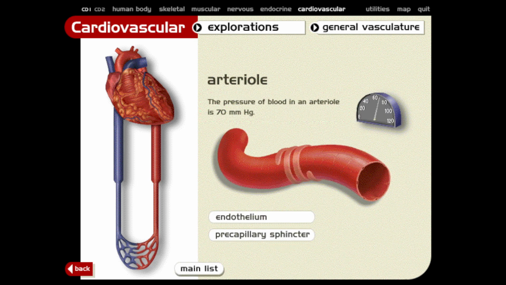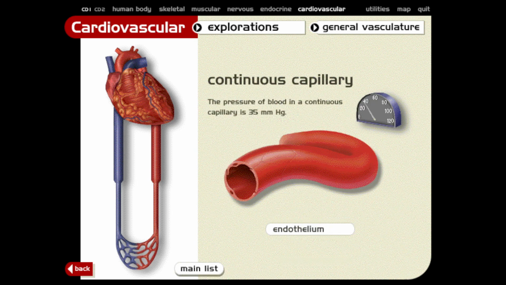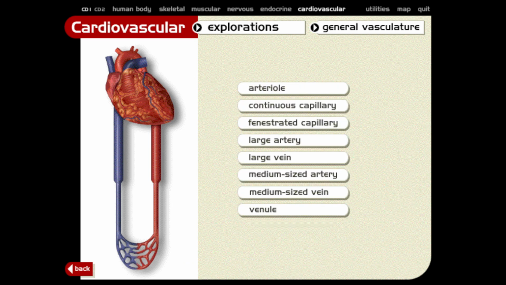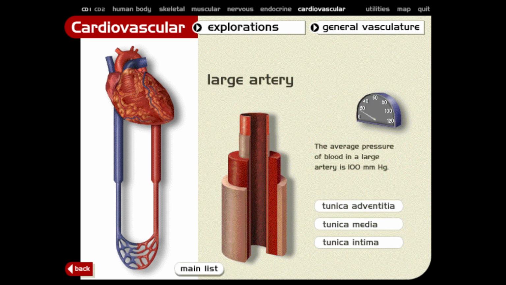Arterial. Continuous capillary. Fenestrated capillary. Large artery.